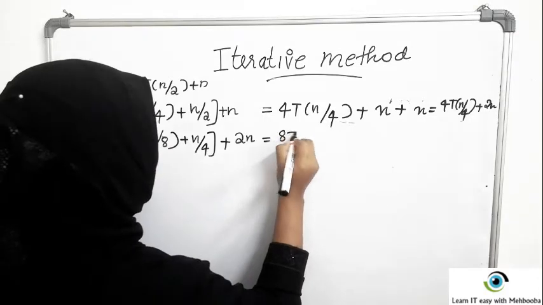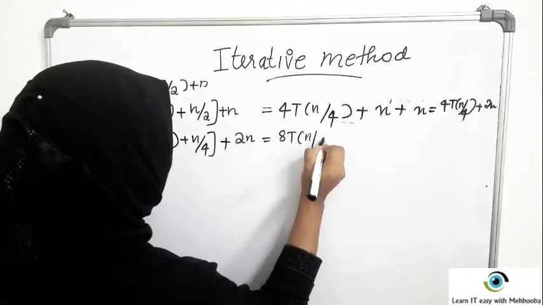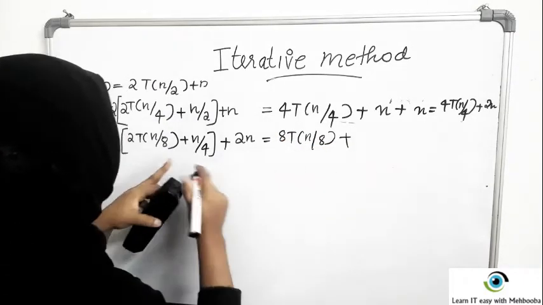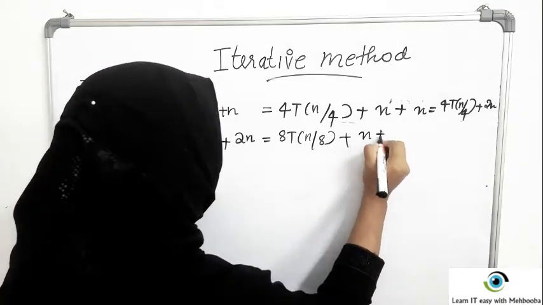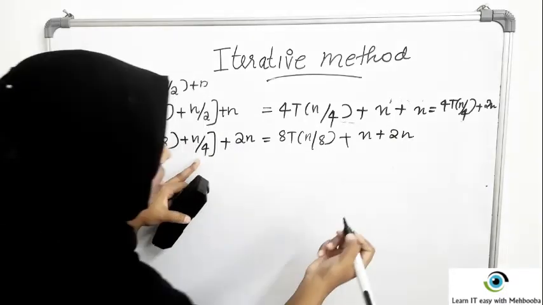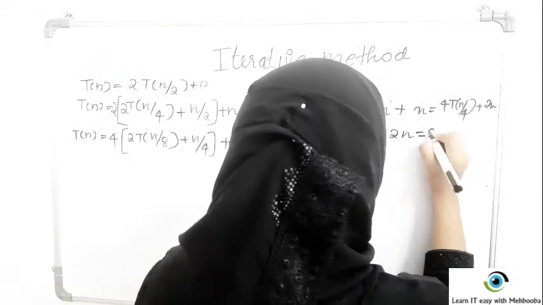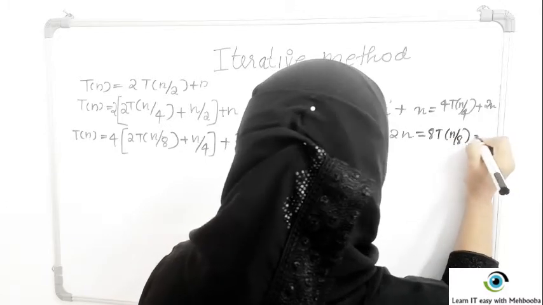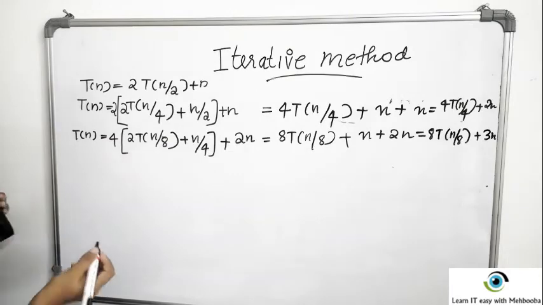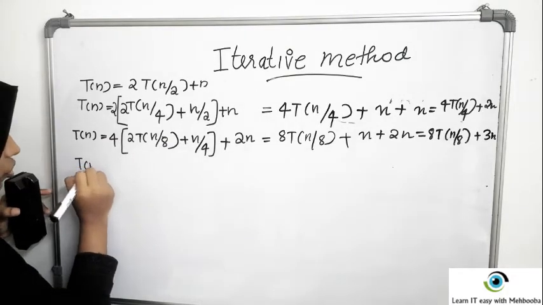So 8T of n by 8 plus 4n by 4, which is simply n, plus 2n. So it is 8T of n by 8 plus 3n. So hope we got the pattern somehow.